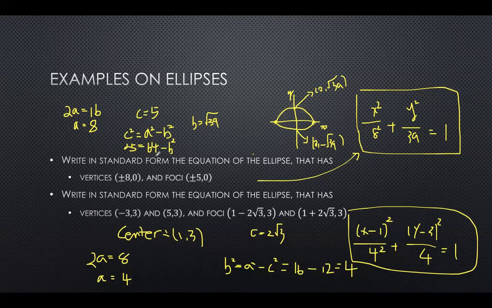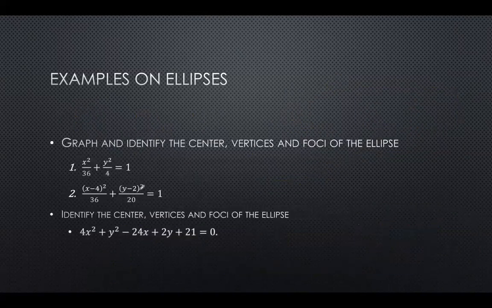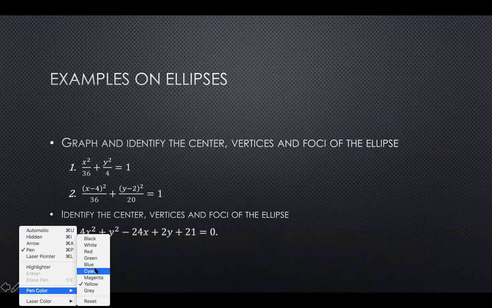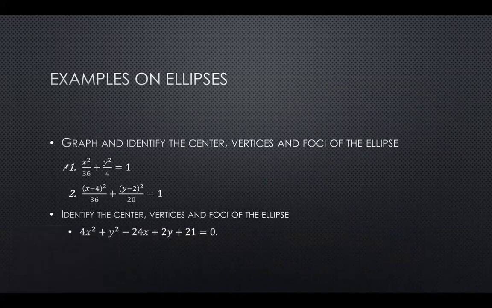Right, so that is the ellipse, and we have some more examples. For the first one here, the center is at 0, 0. And the major axis is on the x-axis, right?